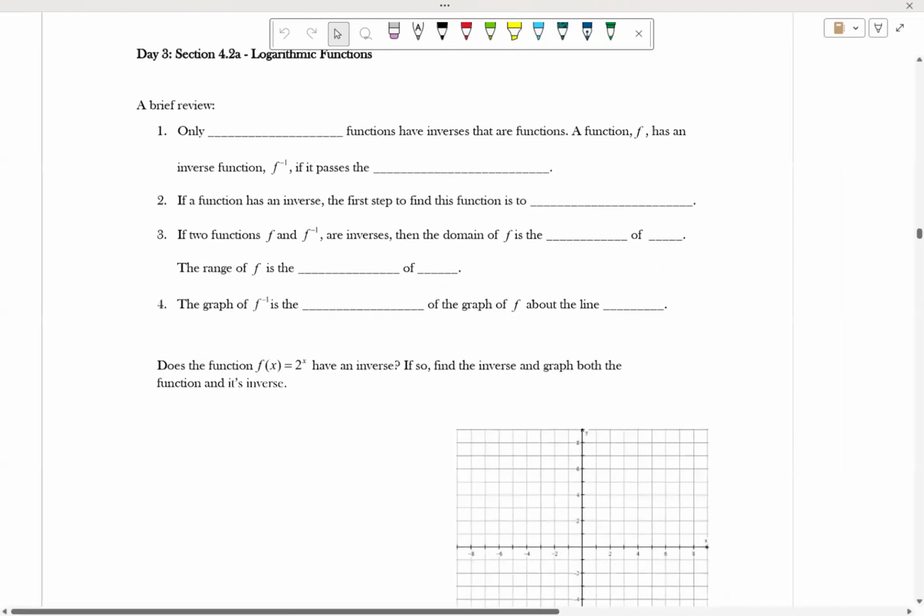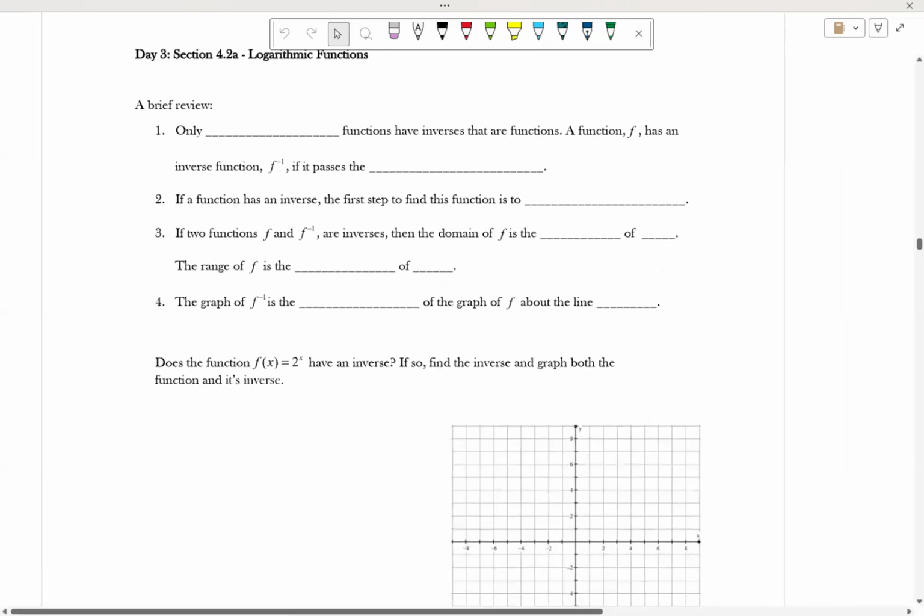So this is a review from a fairly long time ago, so it may have left your brain. Number one, only blank functions have inverses that are functions. Only one-to-one functions have inverses that are functions.